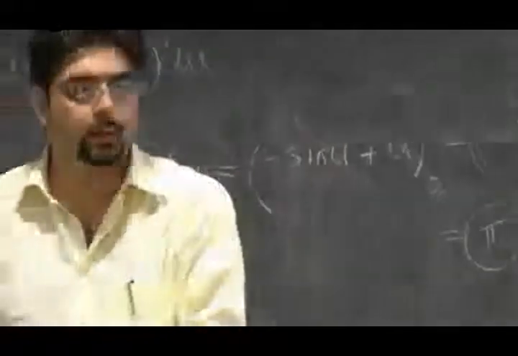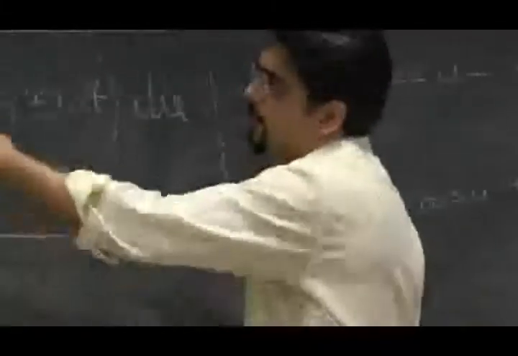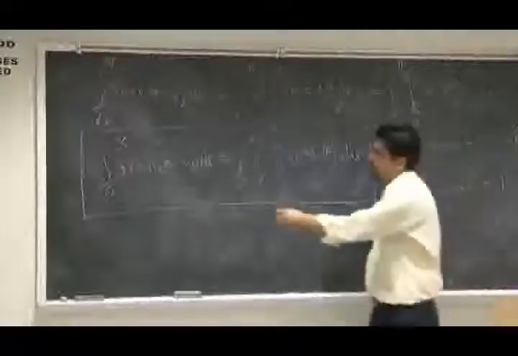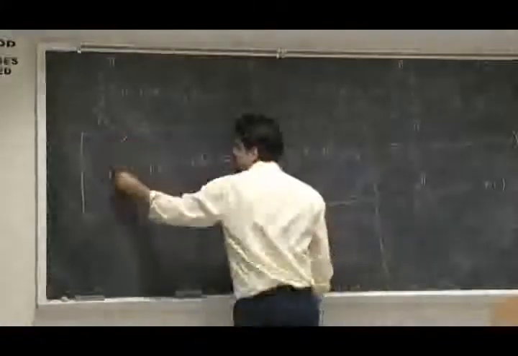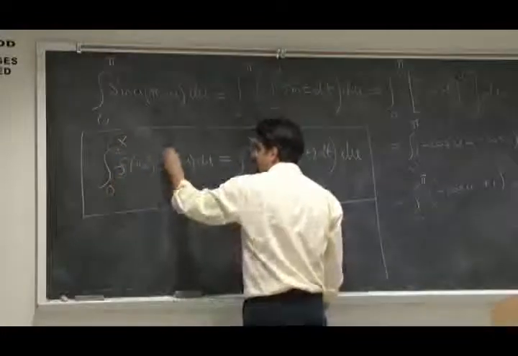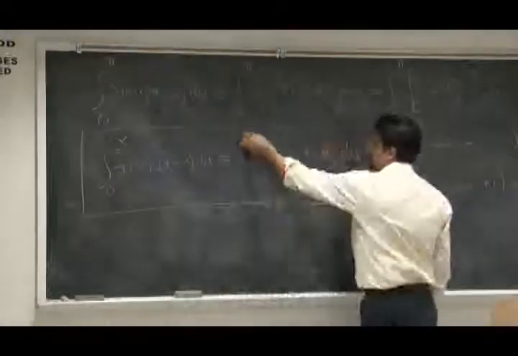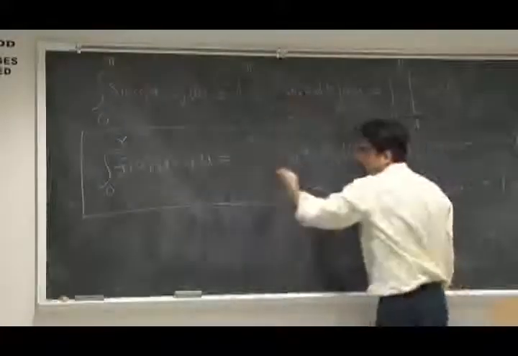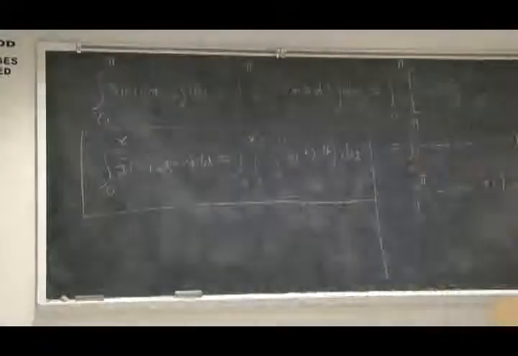We're just using this formula. Our function f is sine. Our value for x is pi. So instead of x we have pi, instead of f we have sine. We're just using this formula. Okay, that's all.